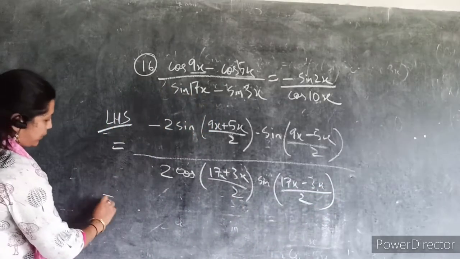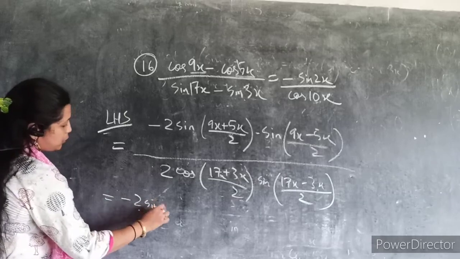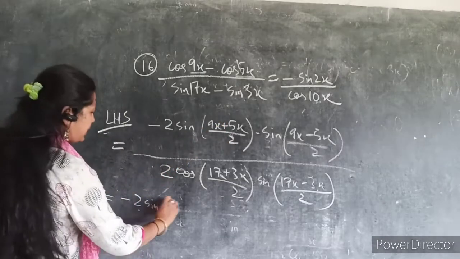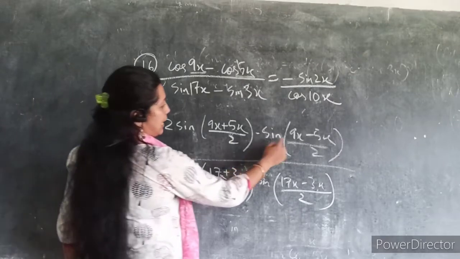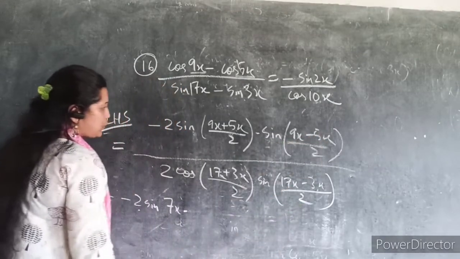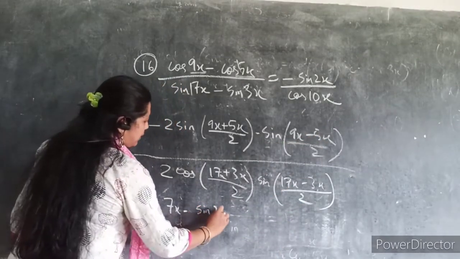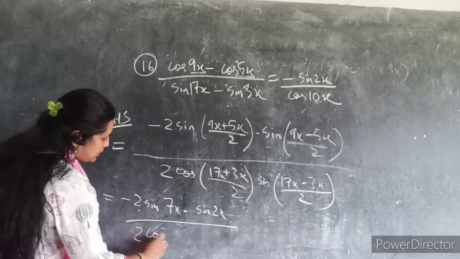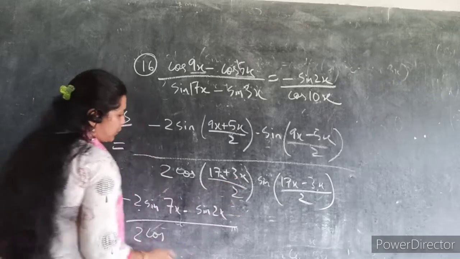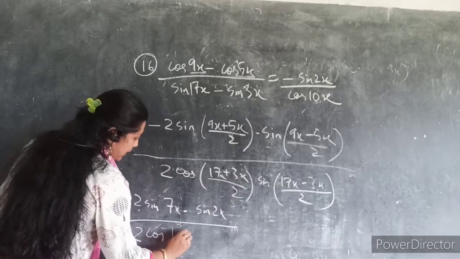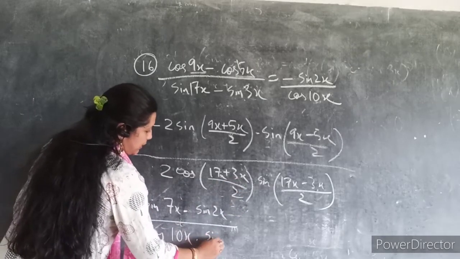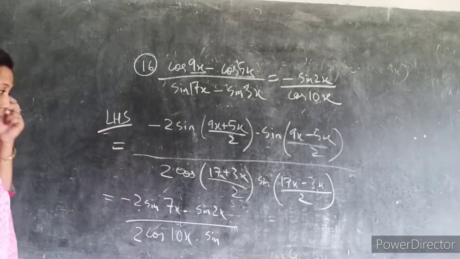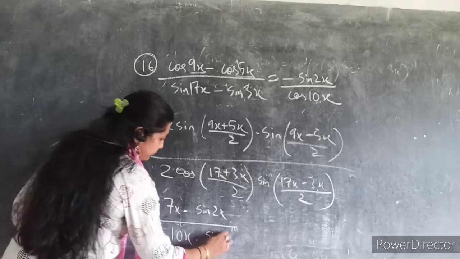Okay, so what we are getting, minus 2 sin, 9 plus 5 is 14, 14 divided by 2 will be 7x, into sin 9x minus 5x is 4x, 4x by 2 will be sin 2x, upon 2 cos 17 plus 3 is 20, by 2 will be 10x, into sin 17 minus 3 is 14, 14 divided by 2 will be 7x.